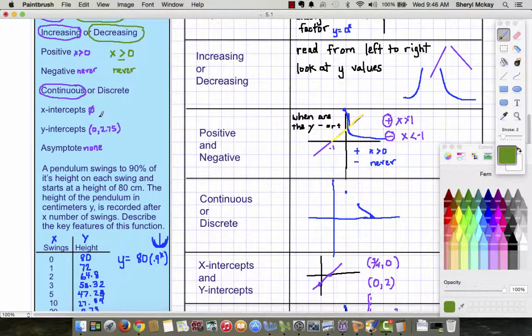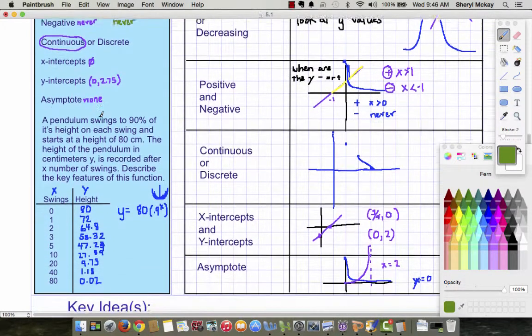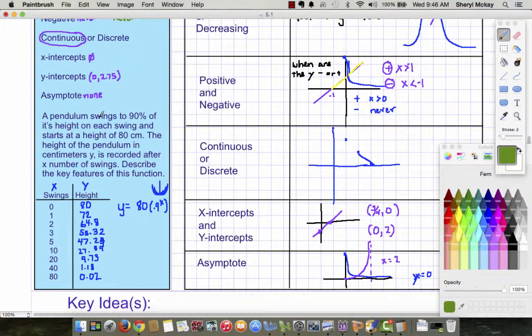Is it continuous or is it discrete? Well, that pendulum is swinging, isn't it? It's going to be considered continuous because there is movement. It's not like it gets picked up and moved to the next spot. As it's swinging, it's getting to 80%. All right, so it's continuous.